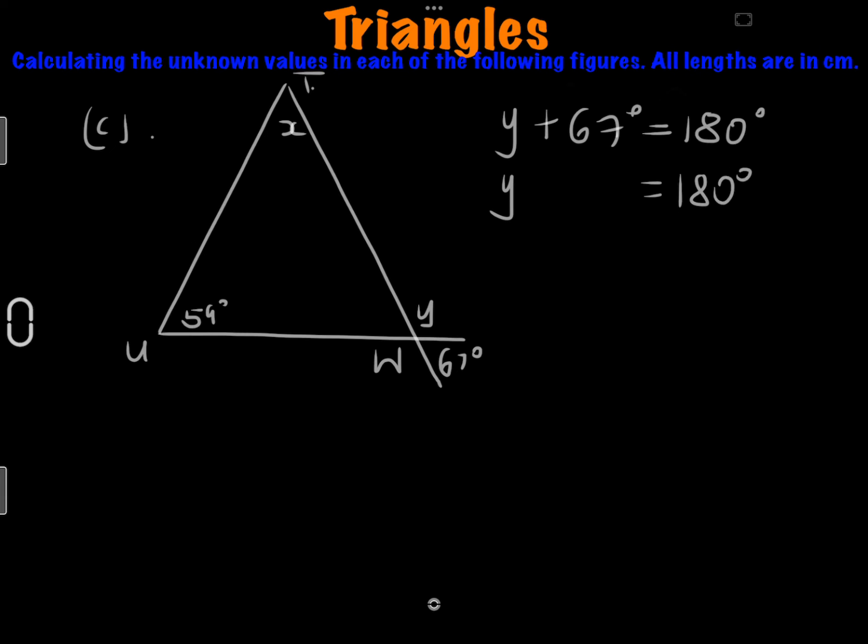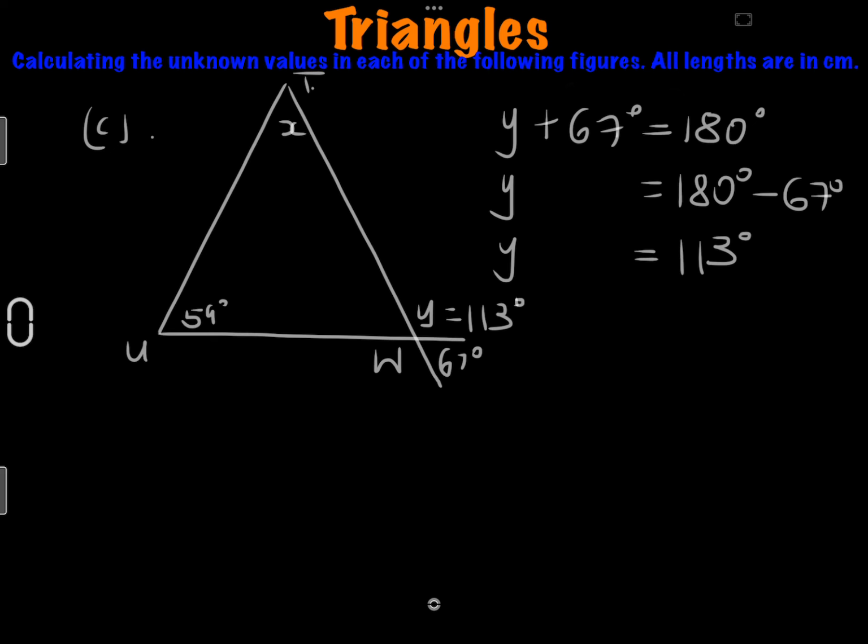This 67 is positive on this side, and if it moves over, it becomes negative 67. So we still have Y as the subject of the formula. Let's calculate 180 subtract 67. We have 113 degrees, which means this angle here is a 113 degree angle.